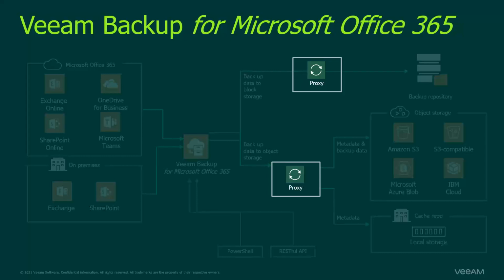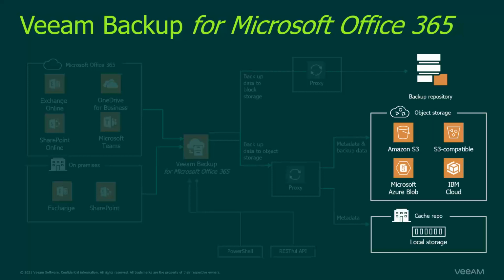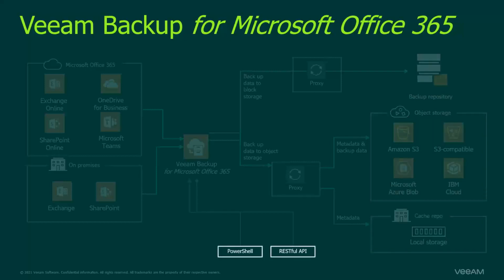But the main idea is simple: taking data from point A, moving data to point B. And point B is our repository, a service which receives the data from the proxy and puts it where we store our backups. How to decide where to store, how to optimize it, we'll talk about later. Right now, the main idea is just to recap which components we have in the product.